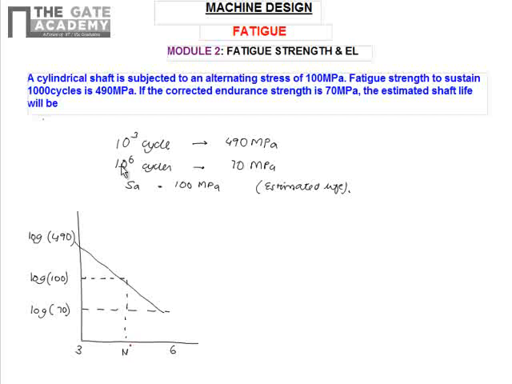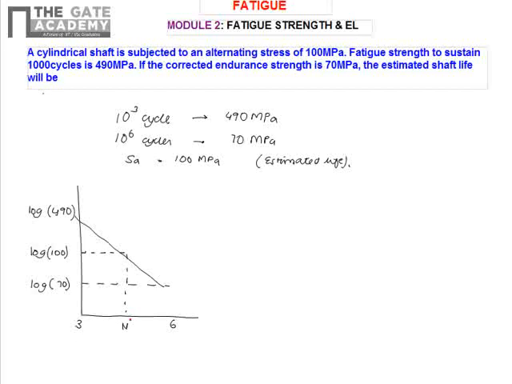Now, as we have seen in the earlier session, we have the equation (y minus y1) by (y2 minus y1) equals (x minus x1) by (x2 minus x1).